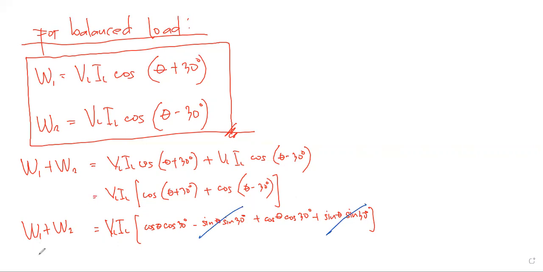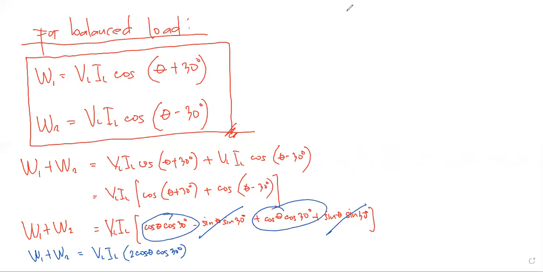So such that wattmeter 1 plus wattmeter 2, that is VL IL times 2 cosine theta cosine of 30. So this one and this one can be added.